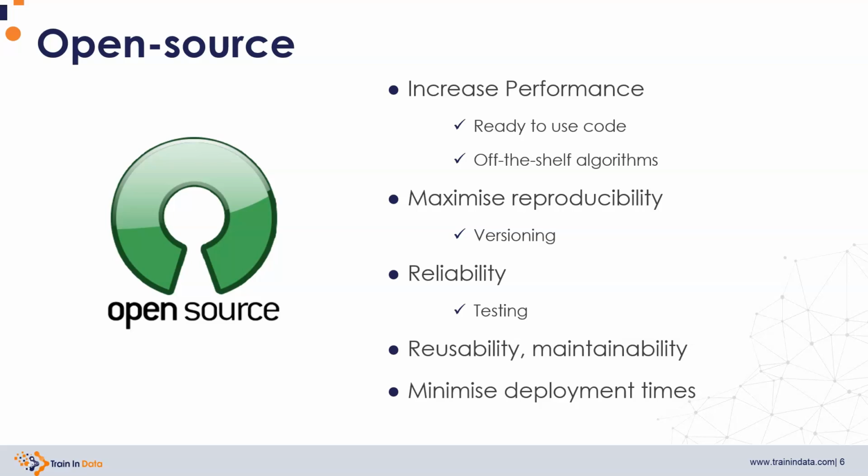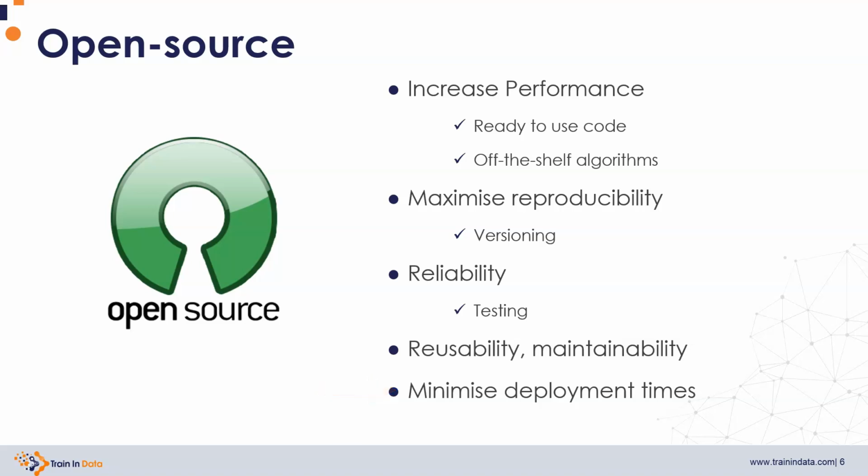And open source also supports reliability because the classes available in the software are tested. We can of course install open source across different systems, and different data scientists can get hold of these libraries. Therefore, open source is reusable and it has a dedicated team that maintains the software as well. Altogether, this means that with open source, we can minimize deployment times.